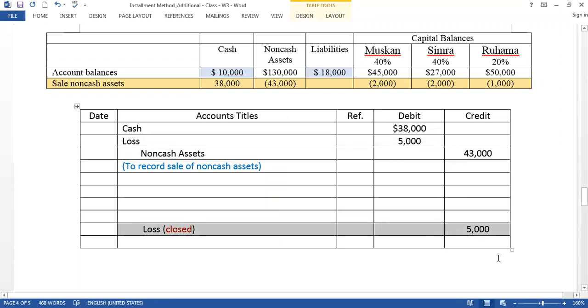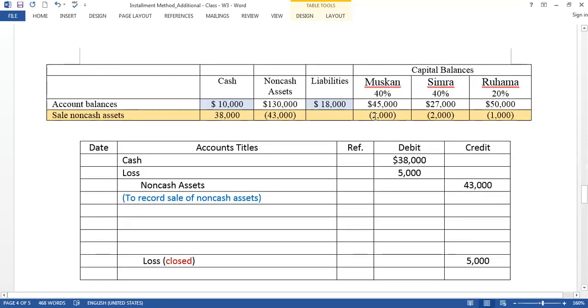Okay, so it is closed, and this loss is going to be absorbed by Muskan, Simra, and Ruhama. So their capital is going to decrease, right? You know that if capital increases, it is credit, and if capital decreases, it is debit.